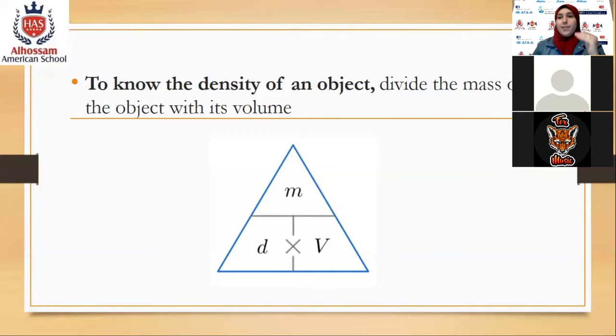So it's going to be 50 over 10, and this will be the density.